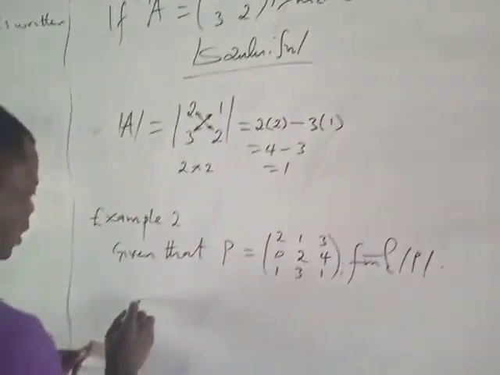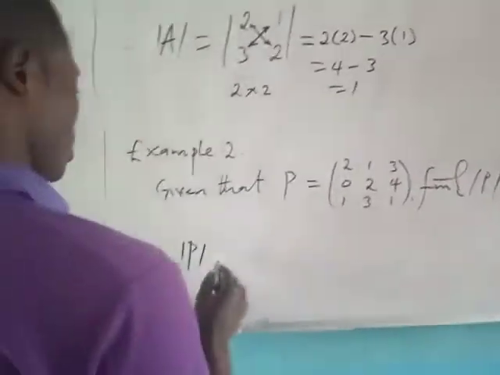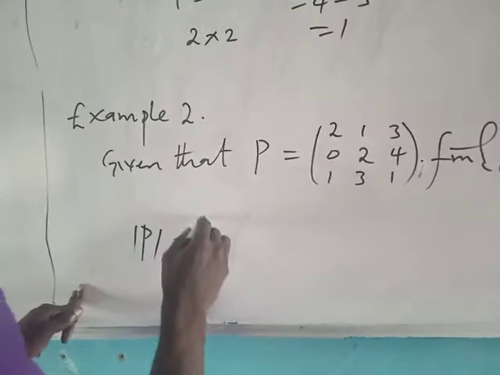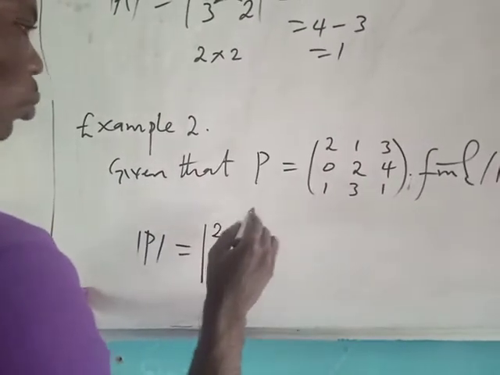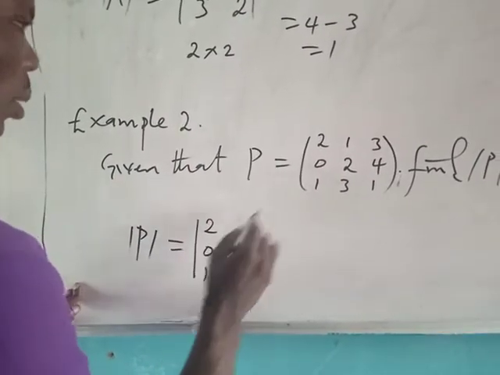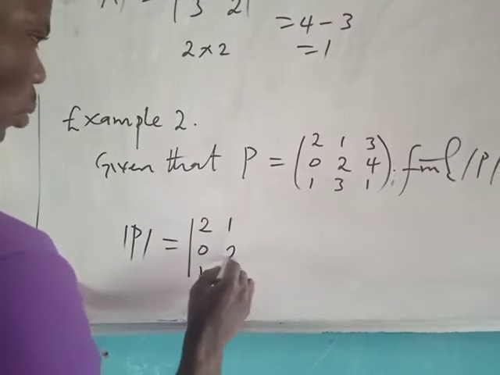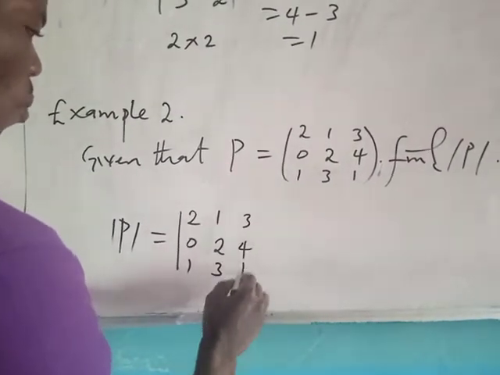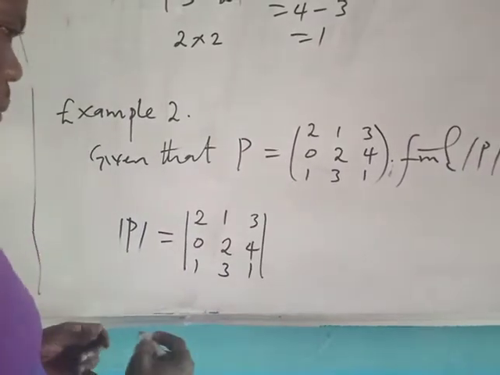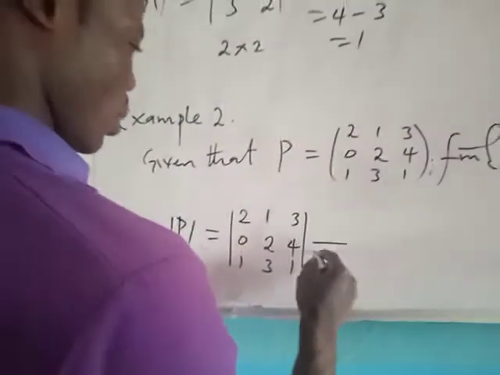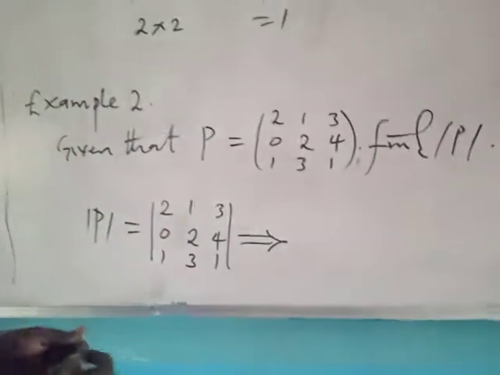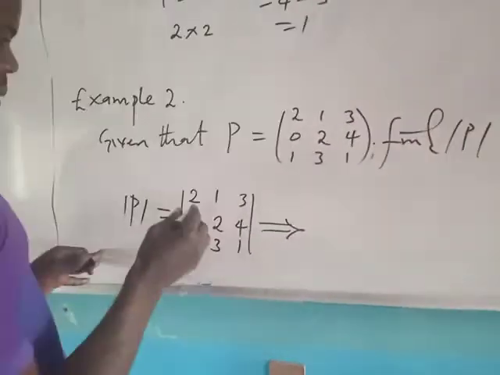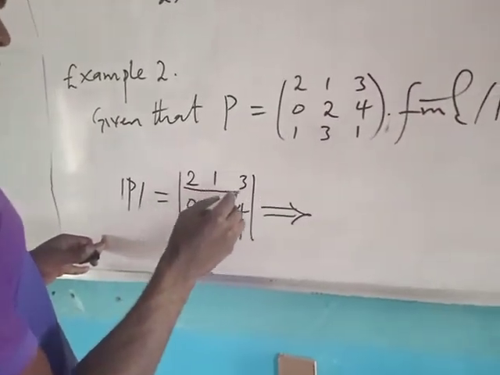So we have the determinant of P equal to, we change this to a determinant 2, 0, 1, 1, 2, 3, 3, 4, 1.